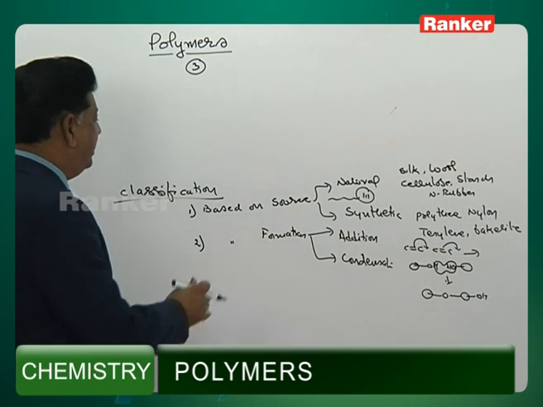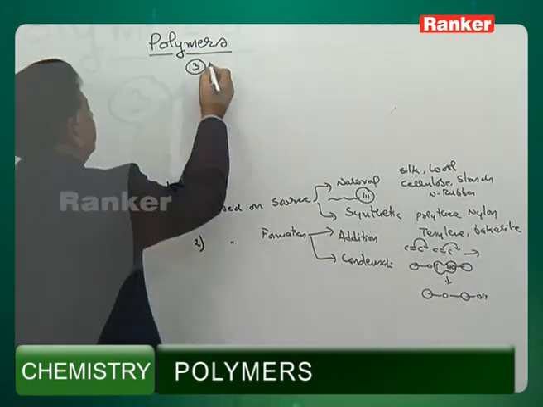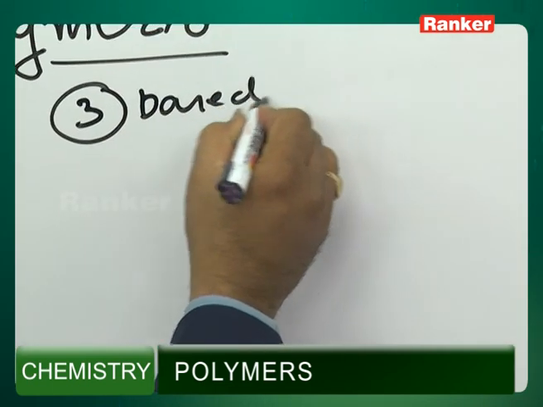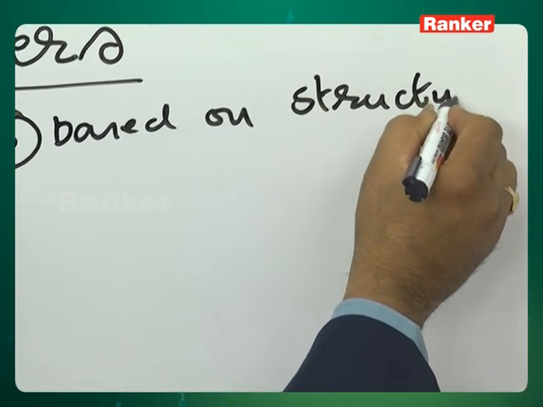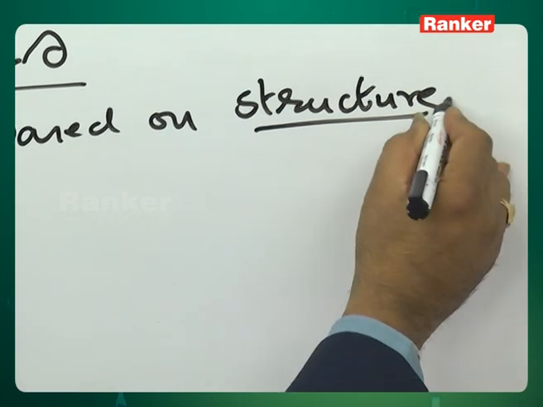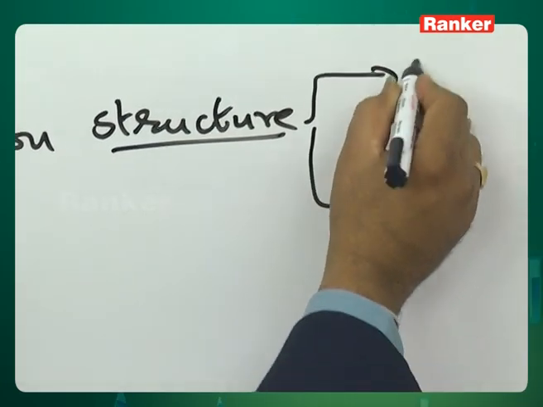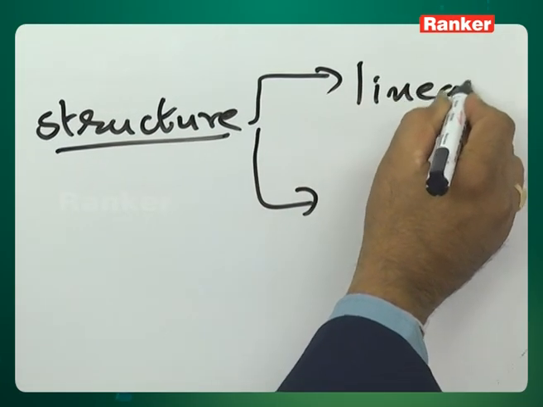The third variety of classification is based on the structure of the polymer. Some polymers may be linear, that is, a line shape, so they are called linear.